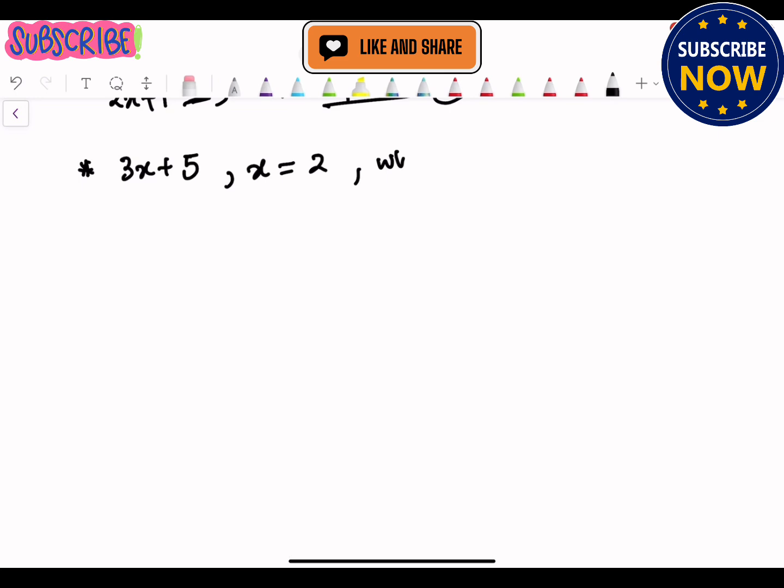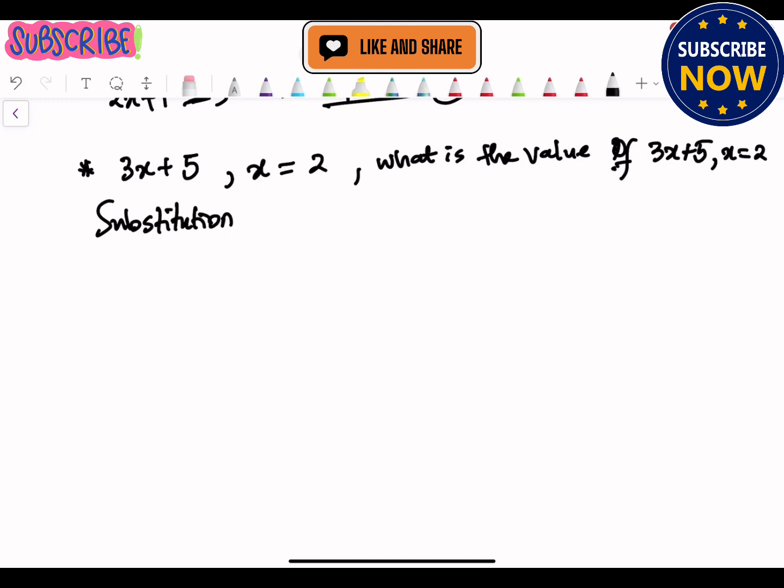So they're asking us, what is the value of 3x plus 5, given that x equals 2? They can just write it like this, but this is what they're trying to say. So the method we are going to use here is what we call substitution. What do we mean by the substitution method?